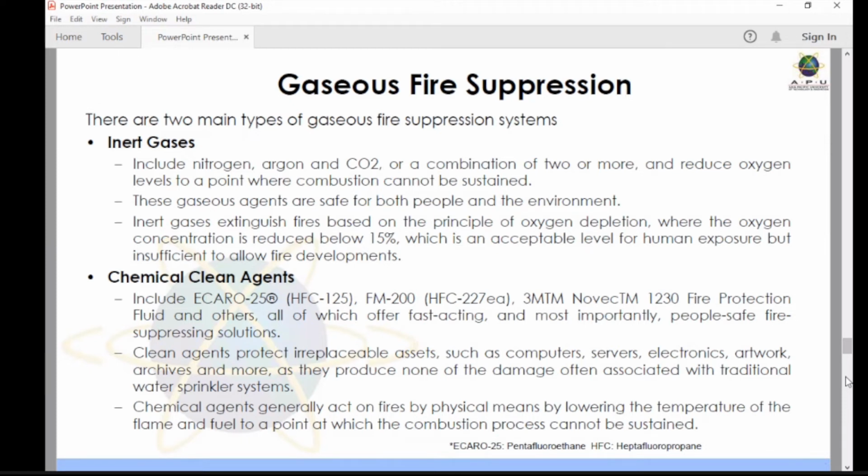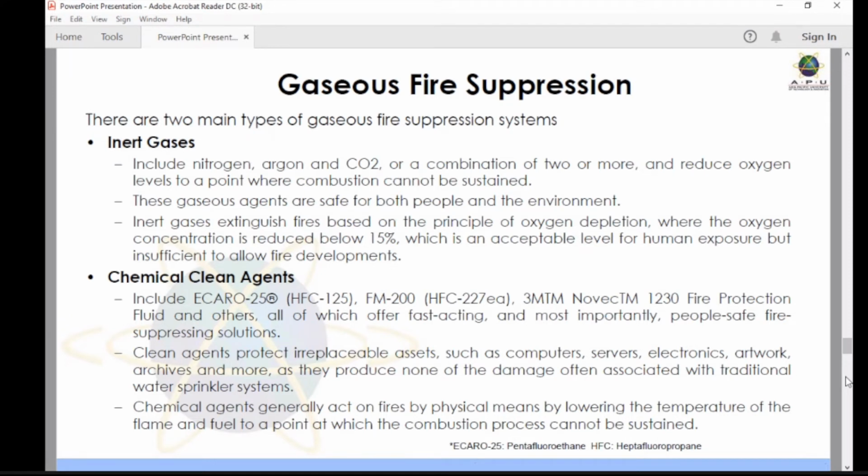Well, too much carbon dioxide is not very good. Too much nitrogen is also not very good. Okay, but some amount of carbon dioxide and nitrogen do not affect the environment because they are already present in the atmosphere.